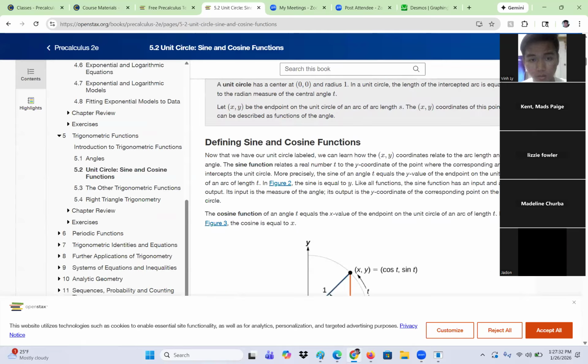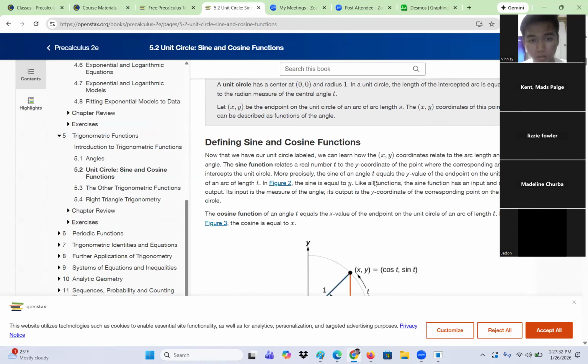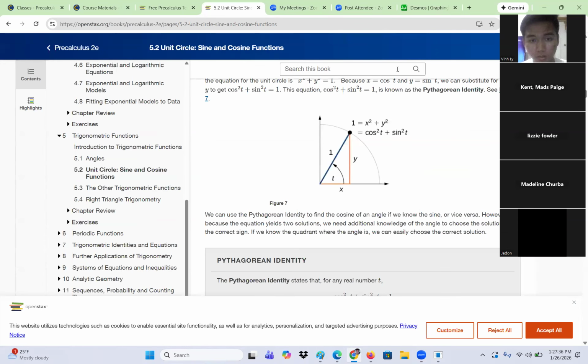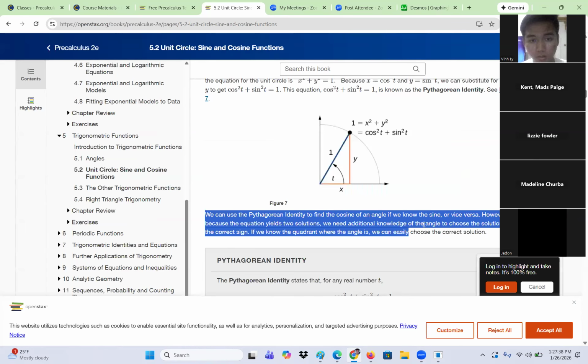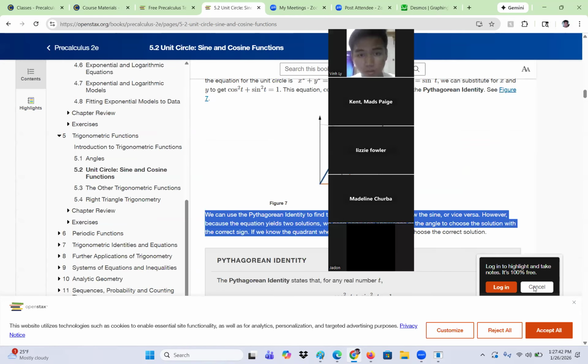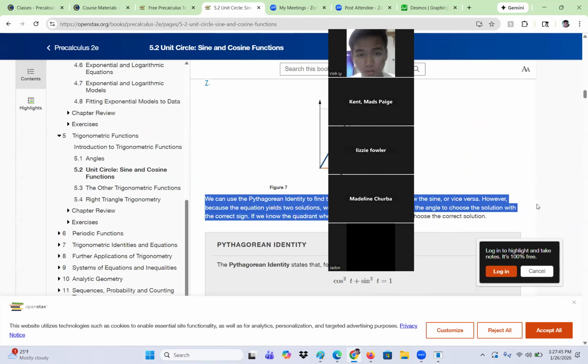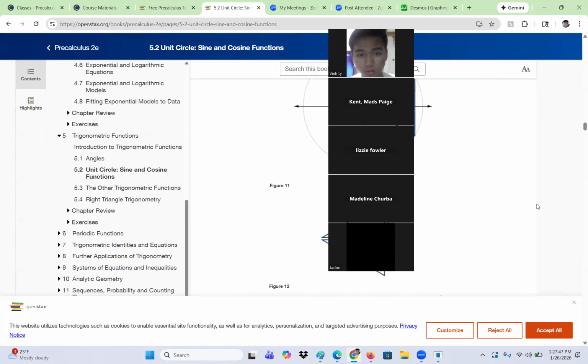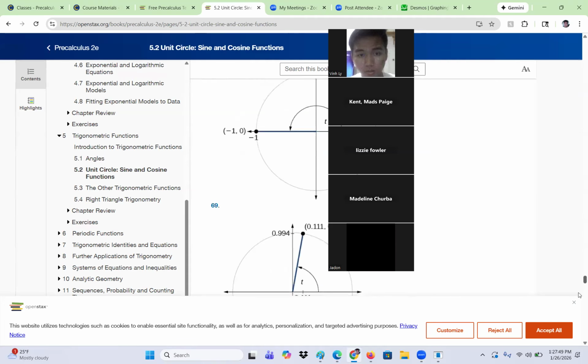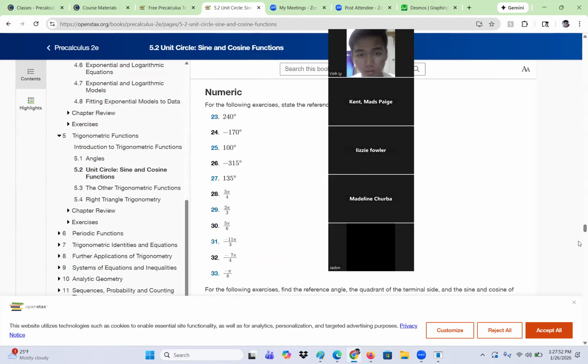And then you can also find the homework on the bottom part of the page. Okay.